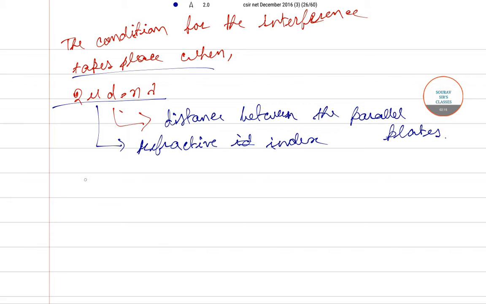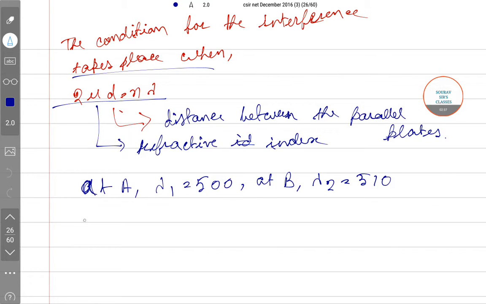Now from the figure, at A we can write lambda 1 equals 500, and at B lambda 2 equals 510.